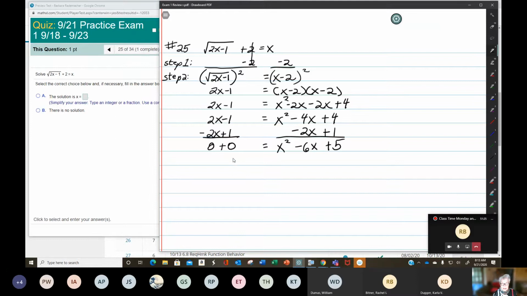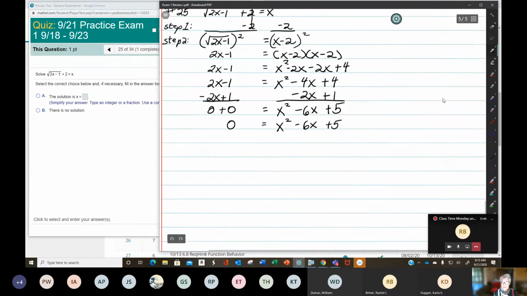Okay, 0 plus 0 is 0. So x squared minus 6x plus 5. Now, by now, you know you can use the quadratic formula on this, but it's factorable, and factoring is so much faster.